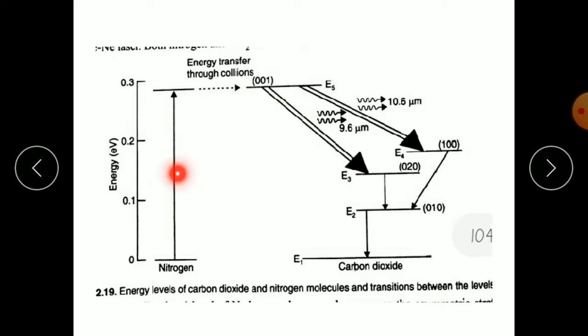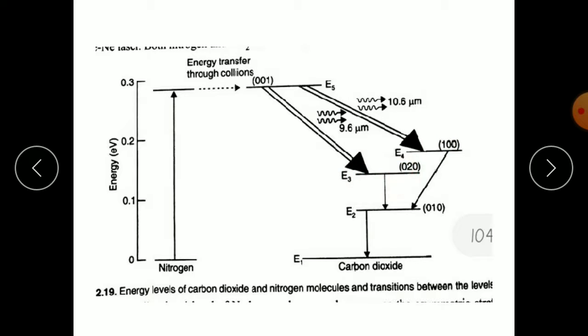So this nitrogen atom acts as a pumping source for the carbon dioxide molecule. The excited nitrogen atoms collide with the carbon dioxide molecules and transfer their energy to the E5 energy level.